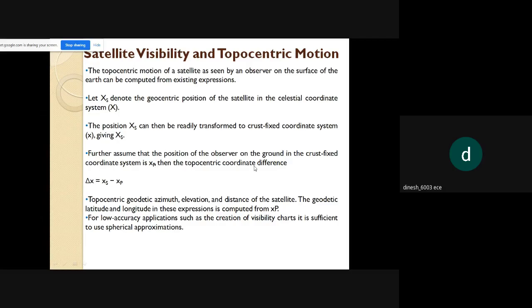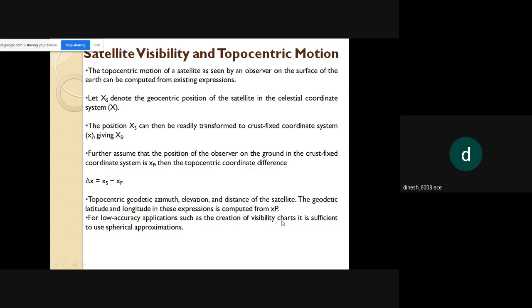Then the topocentric coordinate difference can be easily found as del x is equal to xs minus xp. Xs is the satellite's position, xp is the ground observer's position. So the topocentric geodetic azimuth, elevation and distance of the satellite can be easily determined, and the geodetic latitude and longitude in these expressions can be computed from xp, here small xp.